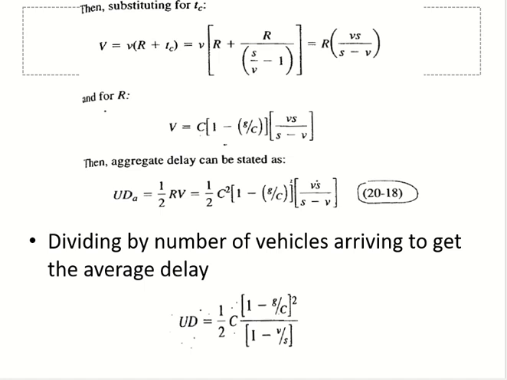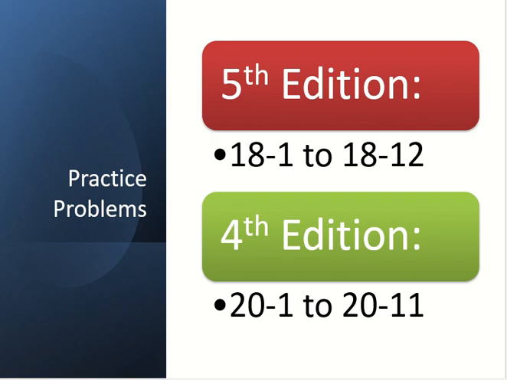Any questions? From that equation, we didn't convert the C. It was not capacity, it was saturation flow rate. Do you see the difference? 1540 and 2800 are not even close.